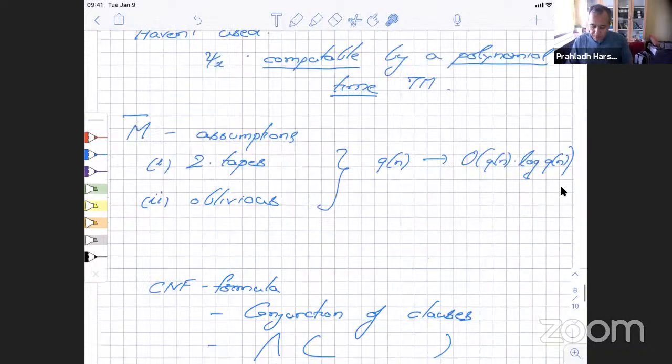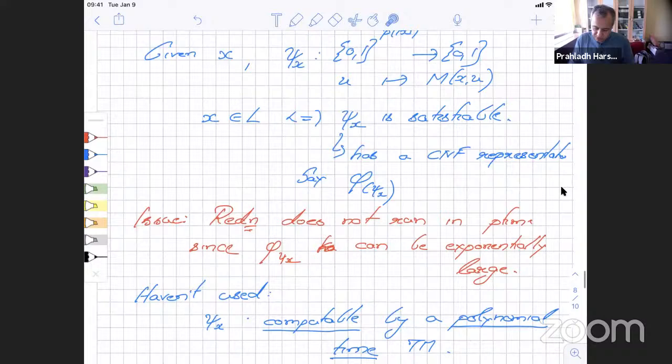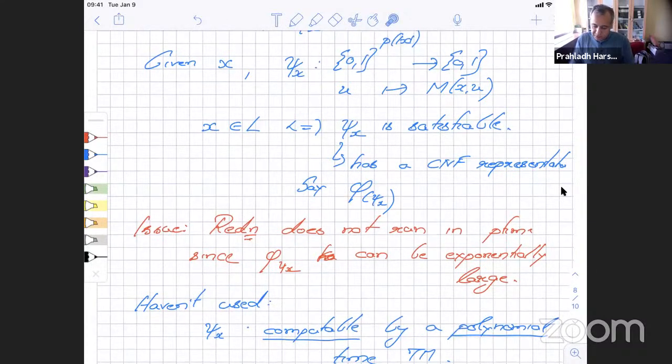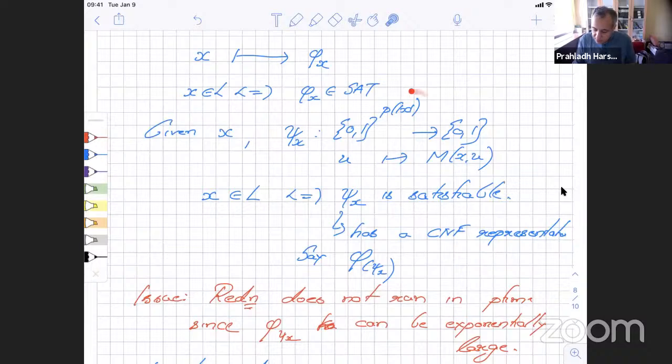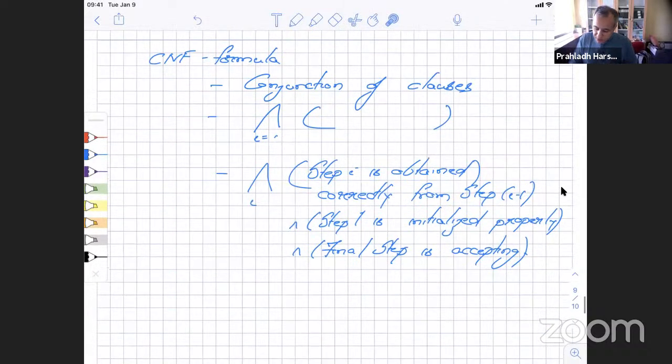Why was this blow up a bad blow up? This blow up from C of x to P of x, because this P of mod x is not a constant, and we can't afford super constants over here because that will blow things up exponentially. It so happened that if each of these steps involved only a constant number of variables, then each of these I could write as functions and then write the corresponding CNF formula for them and just take an AND of them. So I don't mind if this AND is a long AND.